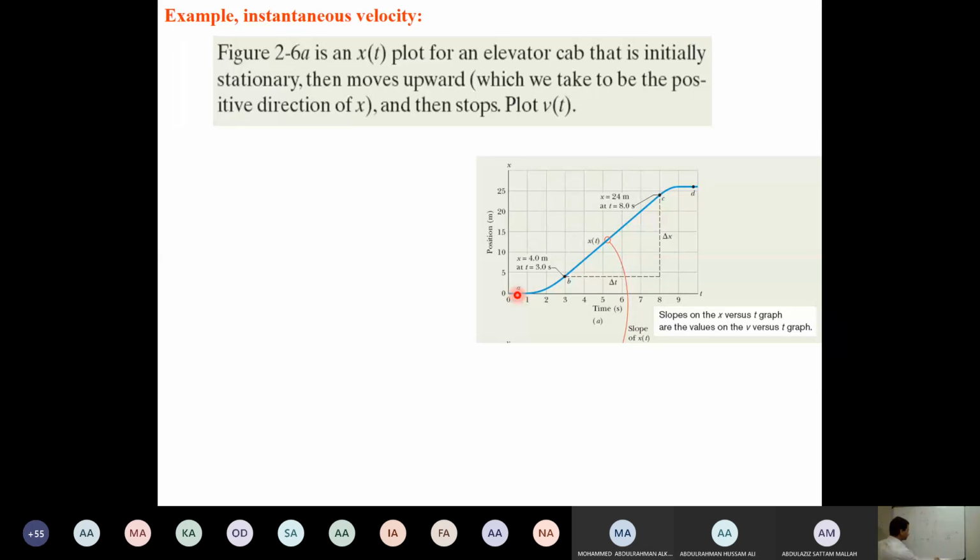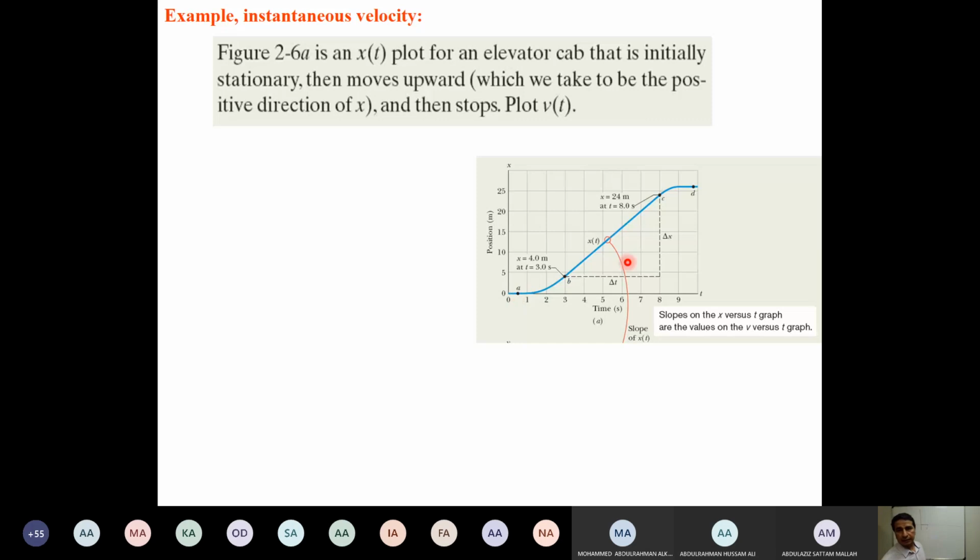So whenever I'm plotting this, it's going to be a velocity versus time graph. At 1 second, which is here, the velocity is 0.